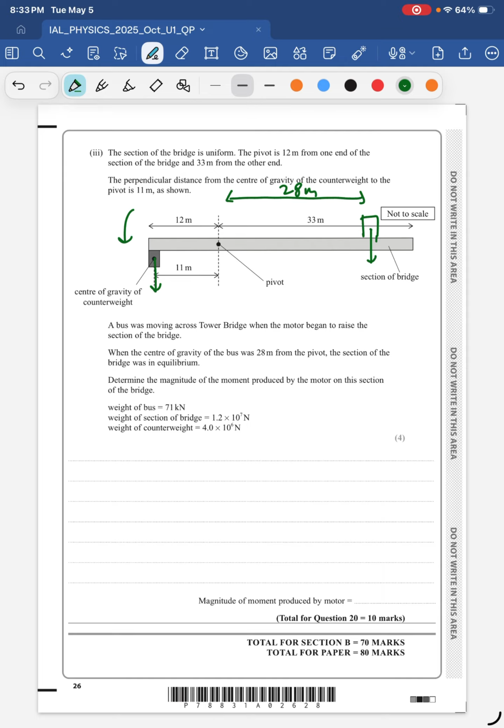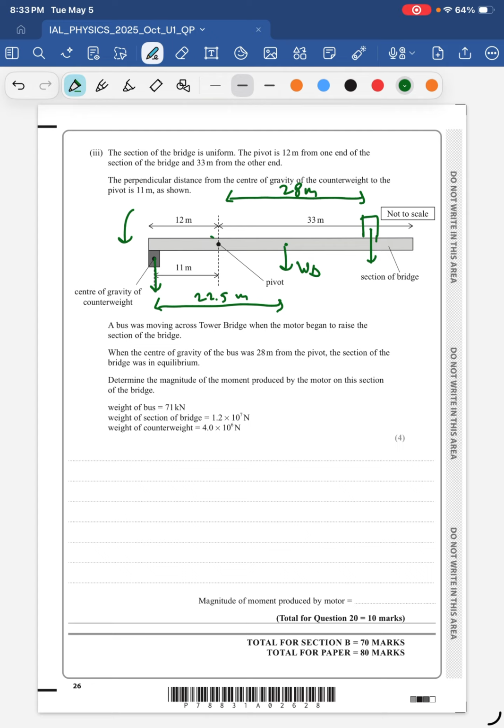And we also have the weight of the bridge, where the center of mass of the bridge is at (33 plus 12) over 2, 45 over 2, 22.5 meters. So that's the weight of the bridge, which is going to be applying 10.5 meters away from the pivot.